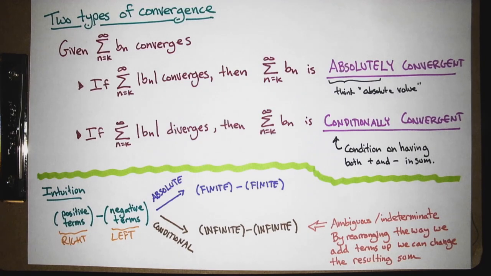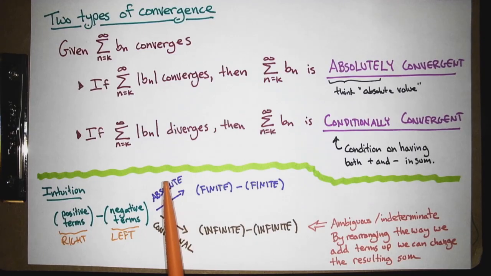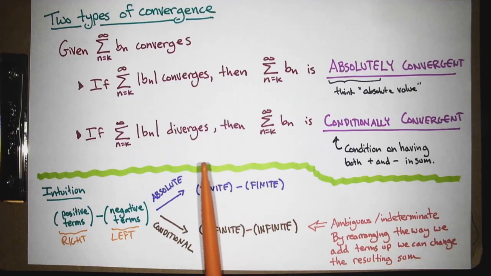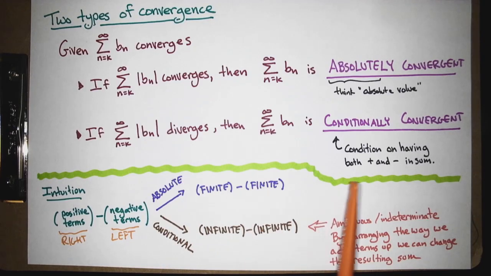Now, what happens when I have something that's absolutely convergent? That says the amount I move to the right is finite, and the amount I move to the left is finite. And so it doesn't matter if I now change the sign, I still only move a finite amount. Now here's where it gets fun.